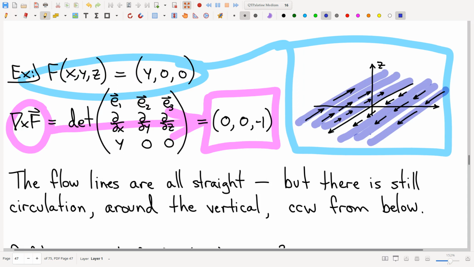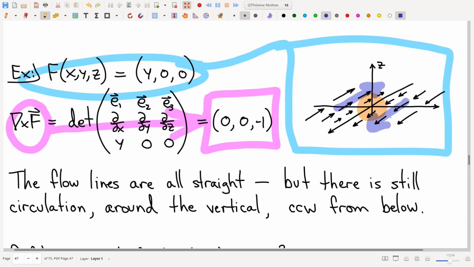Flow lines don't cut it. But now let's think about the floating object. Maybe a balloon, something like that. Let's think about what the fluid will do to this balloon. And notice it's going to push the balloon that way on that side. It's going to push the balloon that way on that side. That balloon is going to rotate.